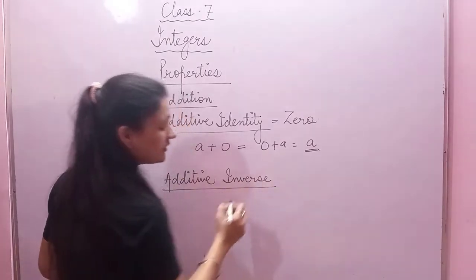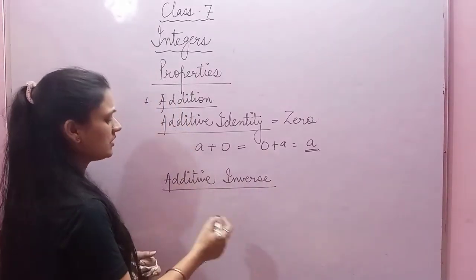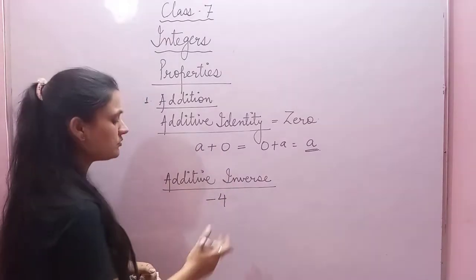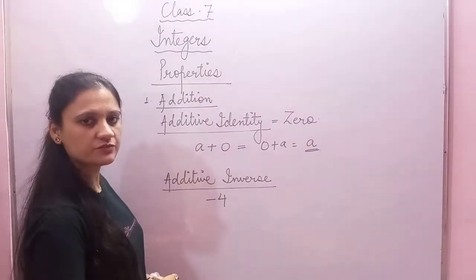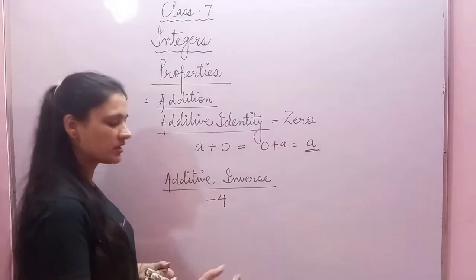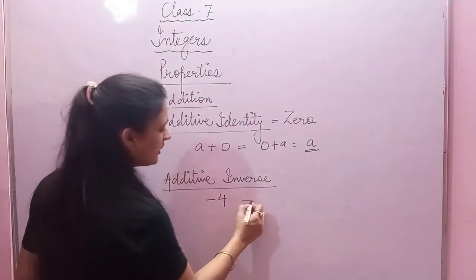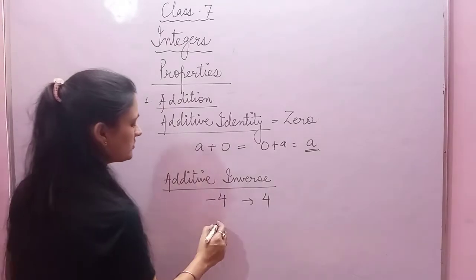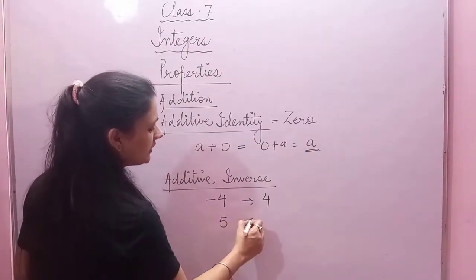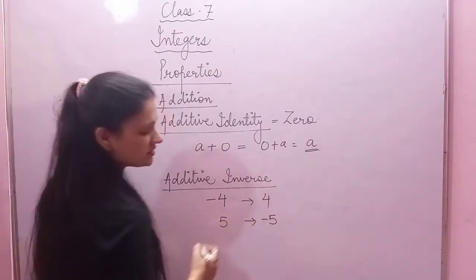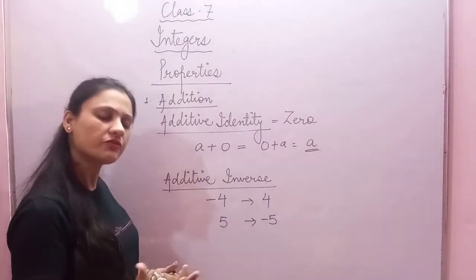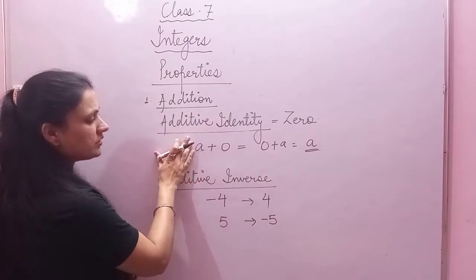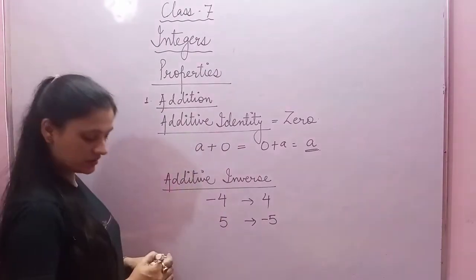What does additive inverse mean? Suppose minus 4 is given to you and they ask you what is the additive inverse of minus 4, simply you just change the sign. Here minus 4, additive inverse will be 4, right? Suppose the number given to you is 5, additive inverse will be minus 5, right? Changing of sign, right? I hope you understood additive identity and additive inverse.